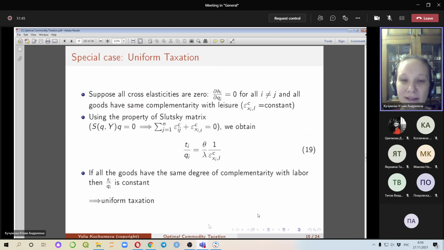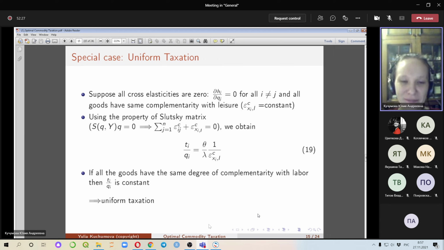But what is surprising is that we need to assume so much. There are so many assumptions behind that result, behind this uniform taxation. So in the general case, we likely would not have uniform taxation as an optimal setting. Then you might start to wonder, why do we have uniform taxation in practice?